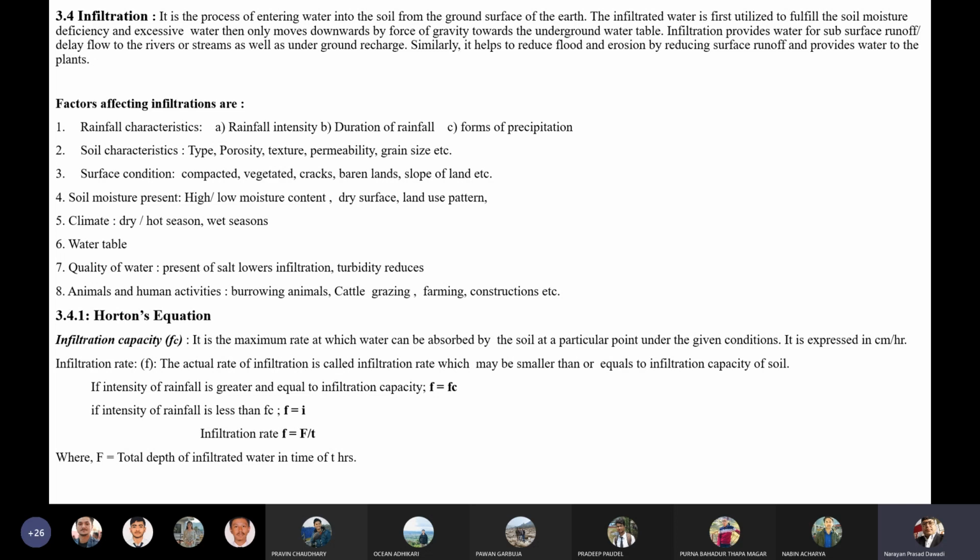Due to the strike of the falling water on the soil particles, it helps to compact the top surface of the soil. Due to the compaction of the top surface, the infiltration will be less. So the higher the rainfall intensity, the lower the infiltration rate; the lower the rainfall intensity, the higher the infiltration rate. In this way, you can explain. Now, duration of the rainfall.